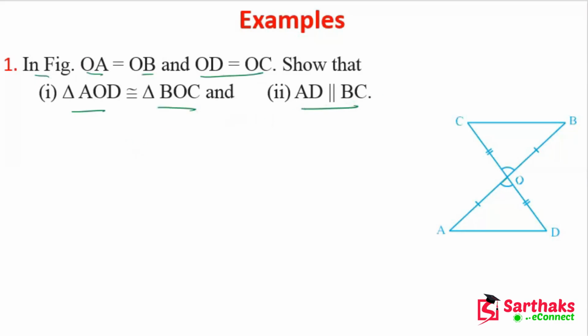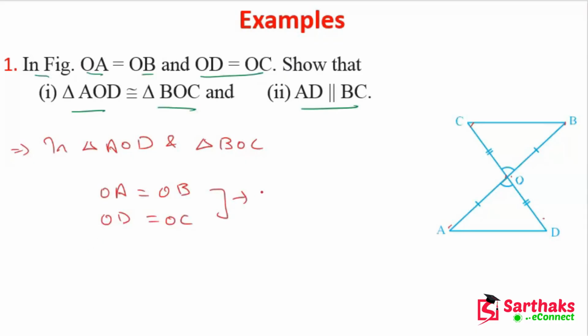In triangle AOD and triangle BOC, we know that OA is equal to OB and OD is equal to OC. So these are given.